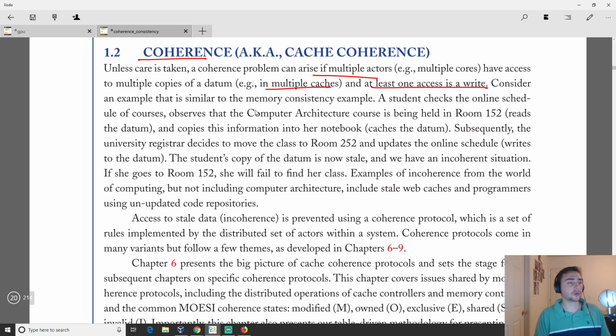So, we'll go back to the simple example. Computer architecture class in room 152, and let's say that after the message gets sent out, the room's going to be updated. Some diligent student copies the data directly into their notebook.